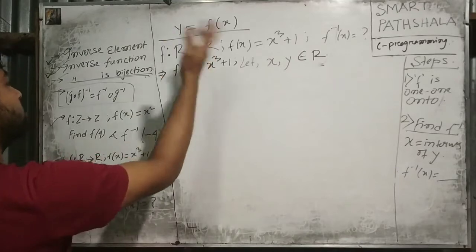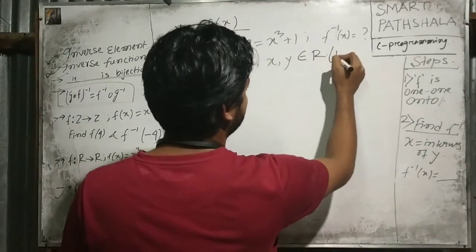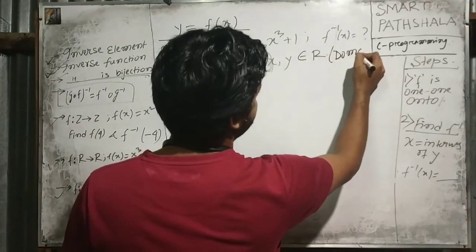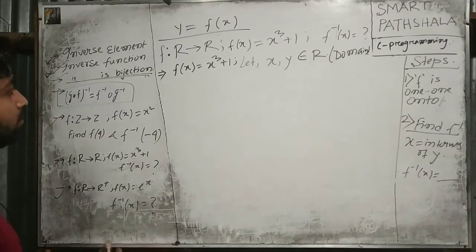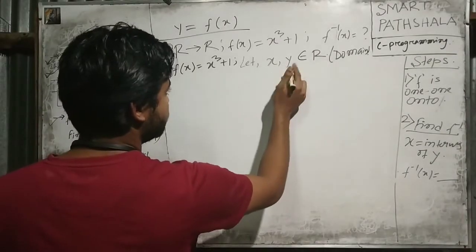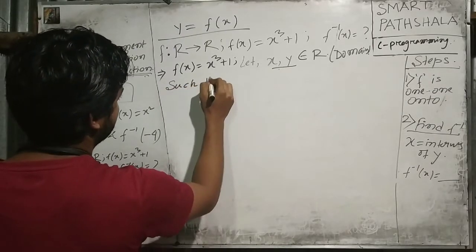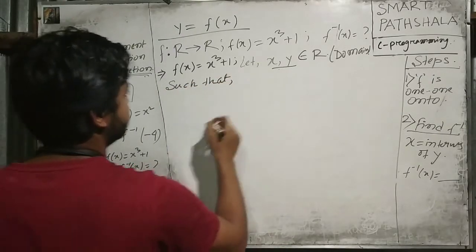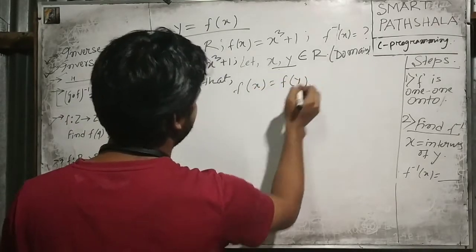This R or this R? Which R? We need to find it. This R is the domain R. Okay? Domain. We have chosen this x and y such that f of x will be equal to f of y.